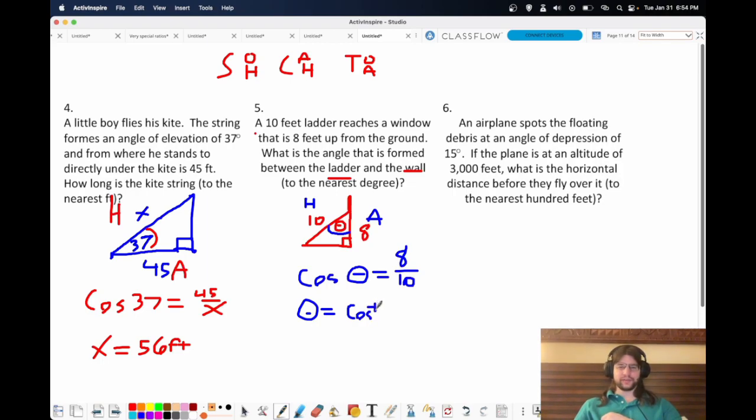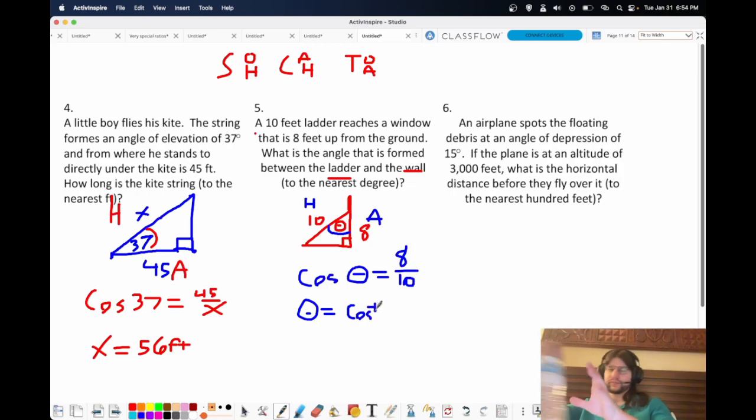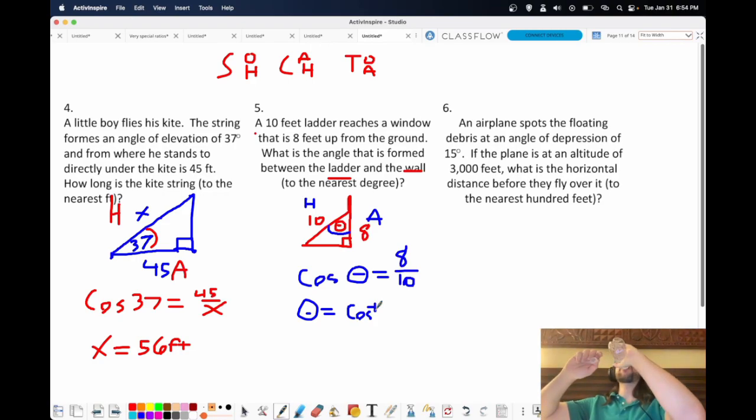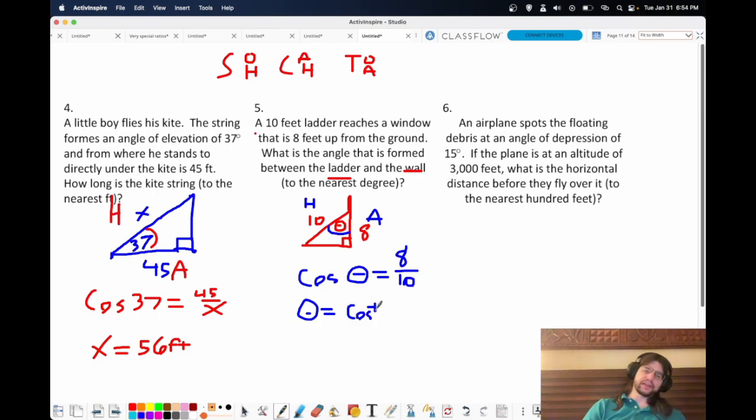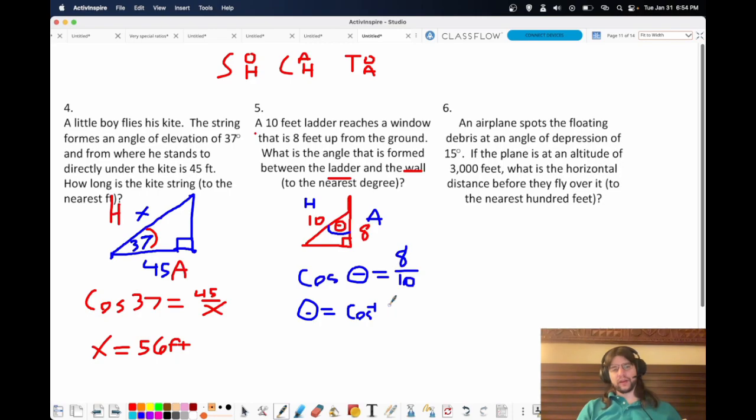Excuse me just for 1 second. I don't feel like editing it, so you can watch me drink water. Cosine inverse of 8/10.